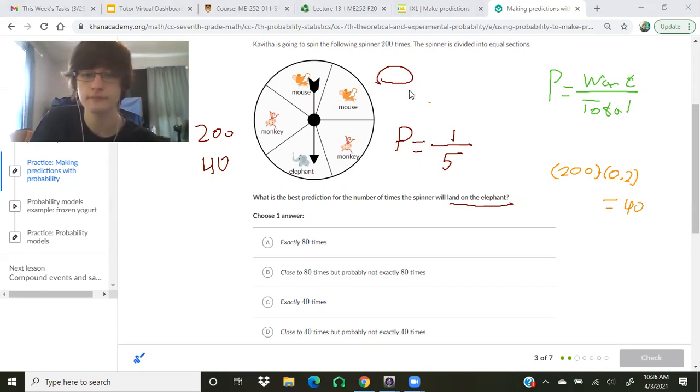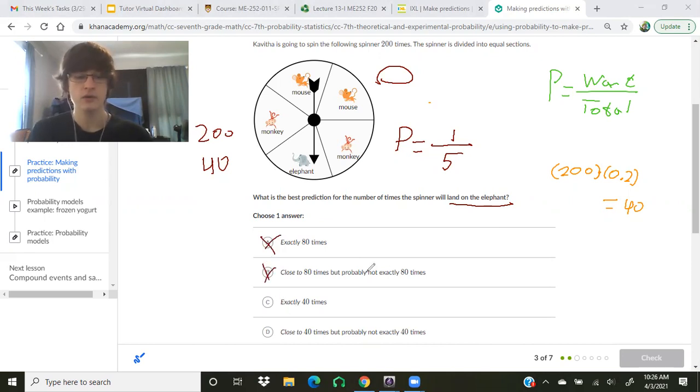Okay, so it's going to be 40 times likely to land on the elephant spot then. So the 80s are out.